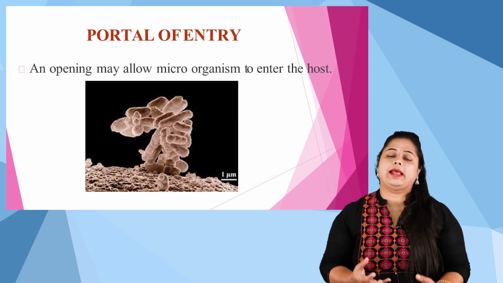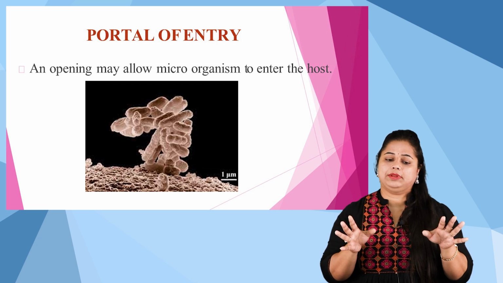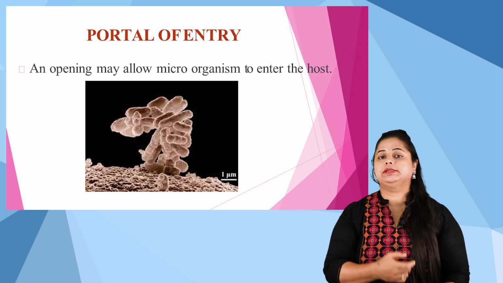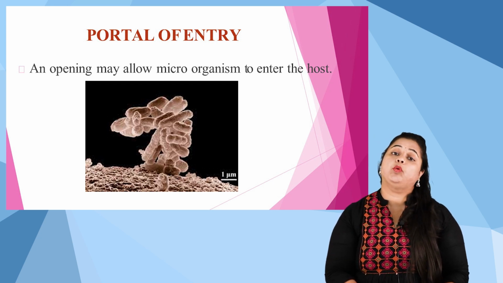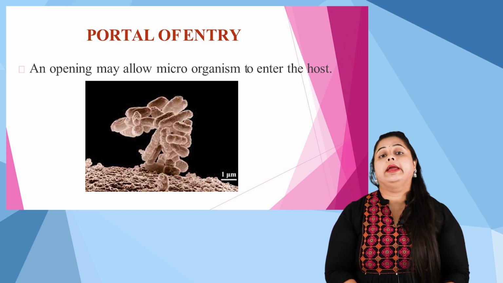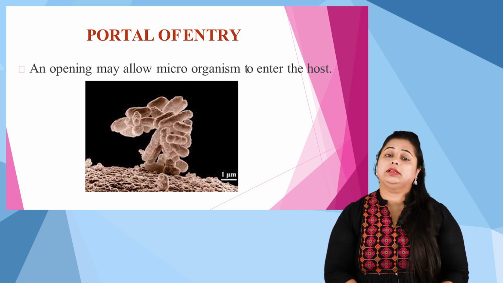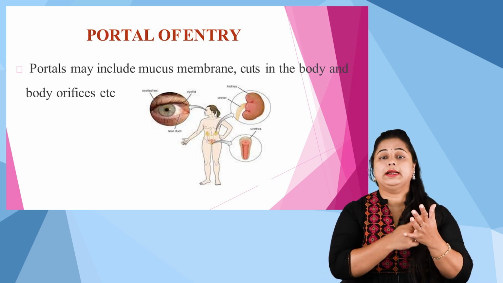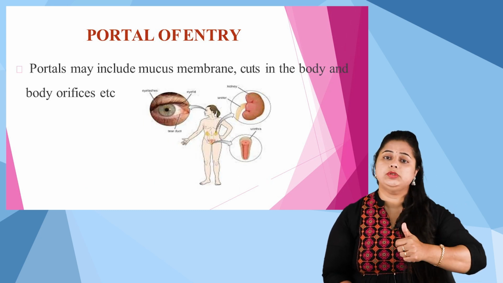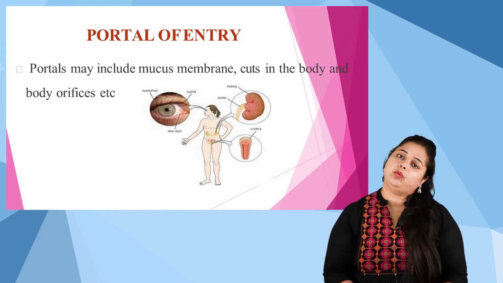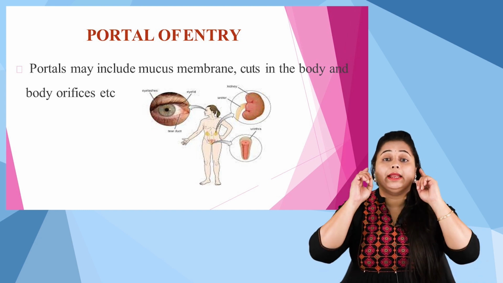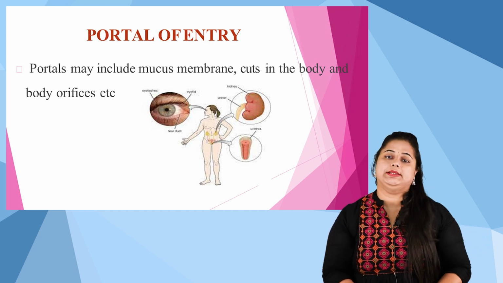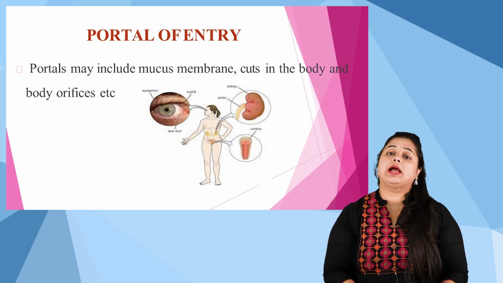Now, port of entry. Think of the port of exit, where it went out; at the same kind of place, when it enters a new person, it is called the port of entry. It may be because of any cuts in the other host, that means the new person, or it goes inside through anatomical openings, orifices.